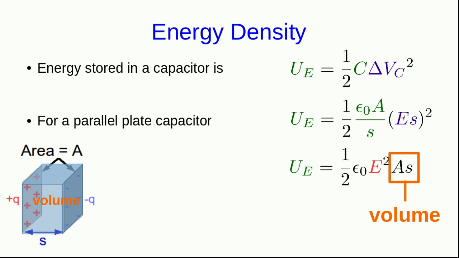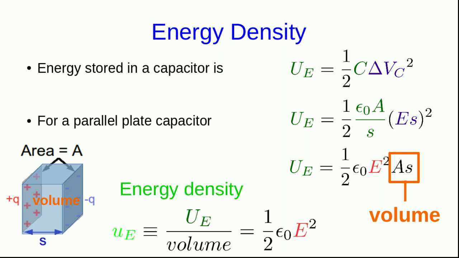And that means we can think of this potential energy as an energy density times the volume in between the plates. We're literally thinking of the energy as being spread throughout the space in between the plates with some particular density, which turns out to be proportional to the square of the electric field strength.